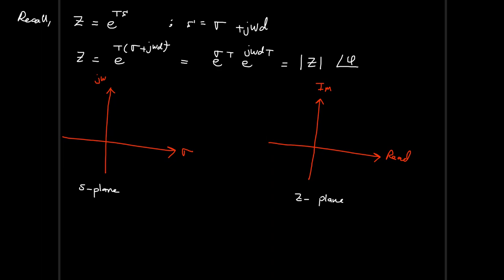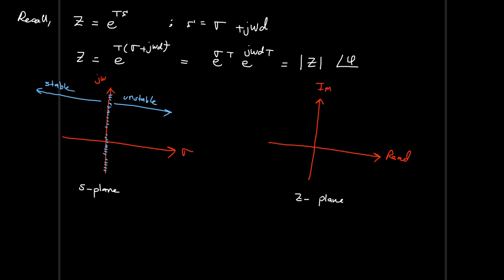Now the imaginary axis, which is the boundary of the stability, we know that to the left of this axis the system is stable. To the right of this axis the system is unstable.